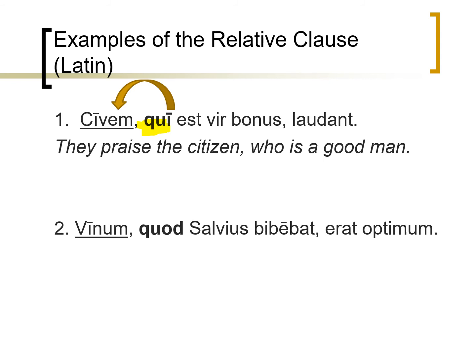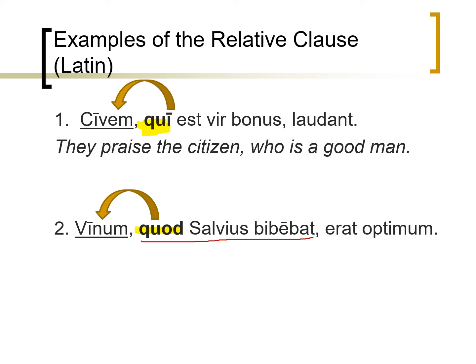Vinum, quod Salvius bibebat, erat optimum. Quod Salvius bibebat is your relative clause introduced by quod, which is your relative pronoun. And it tells us more about vinum. And it replaces vinum.